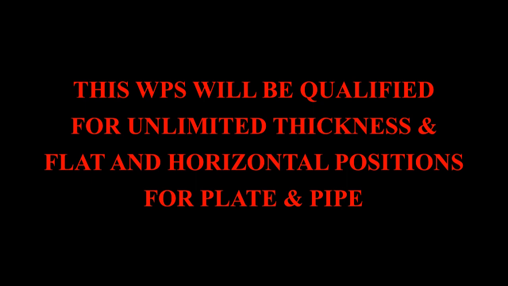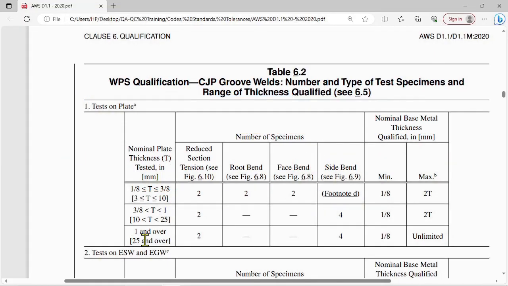If you go for 25 and over, you will need two reduced section tension and four side bend specimens, as I told you a while ago. Okay, so we have decided this. Our welding position will be 2G, and the material thickness will be 25 mm or 1 inch. Okay, so these are finalized.